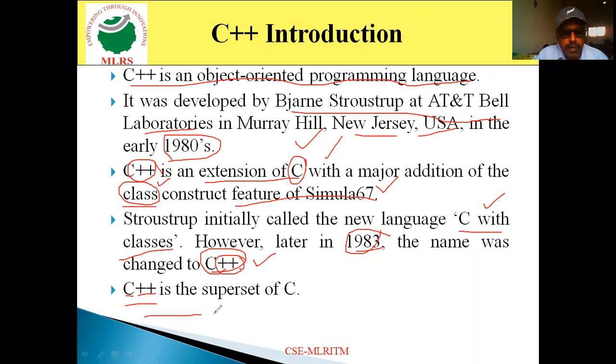Now, C++ is nothing but a superset of C. That indicates whatever operations you perform in C language, you can also perform by means of C++. Then C is a subset of C++.